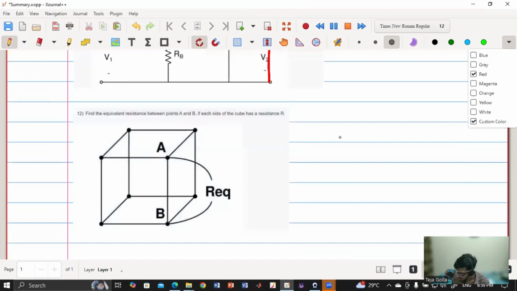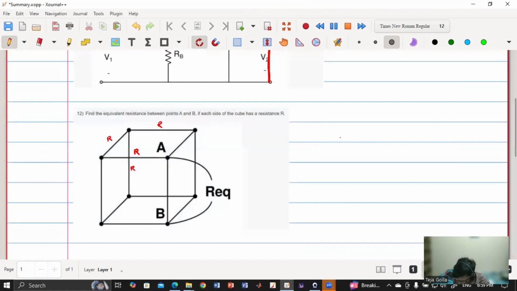So they have resistor R here, R here, R here, R here, R here, R, R, R, R, R. So they are asking what is the effective resistance between these two terminals.